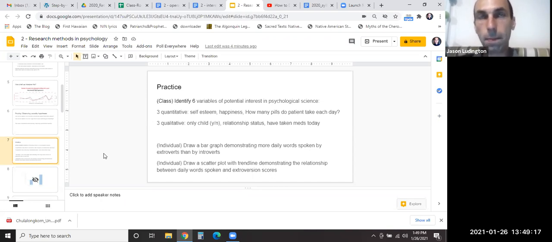It maximizes closeness to the dots by tracing a line that is straight. If we're talking about a linear relationship, it's a straight line that summarizes the relationship between the x-axis and the y-axis, between the dependent variable and the independent variable, between the predictor variable and the other variable.